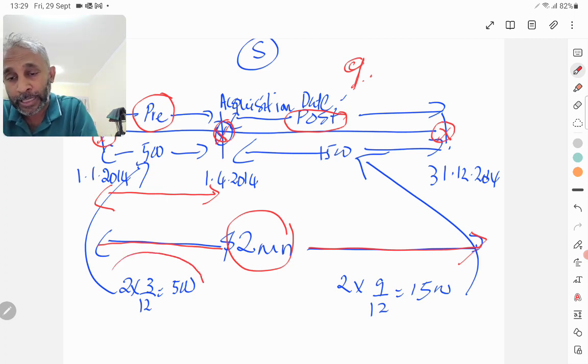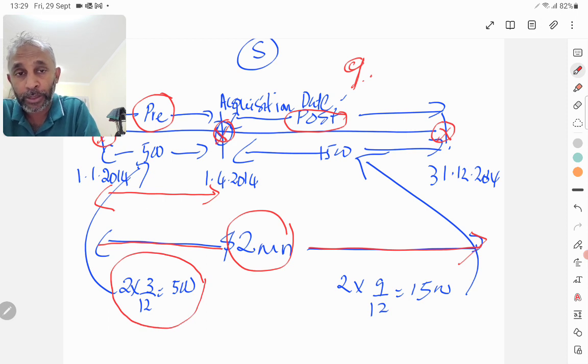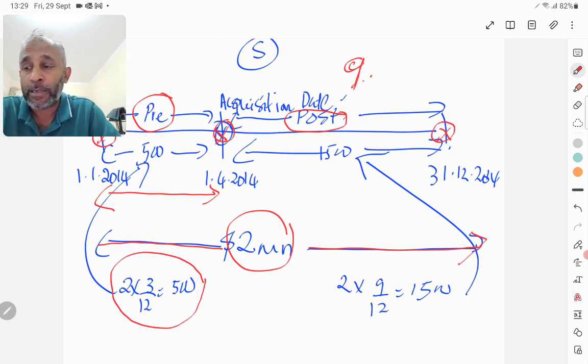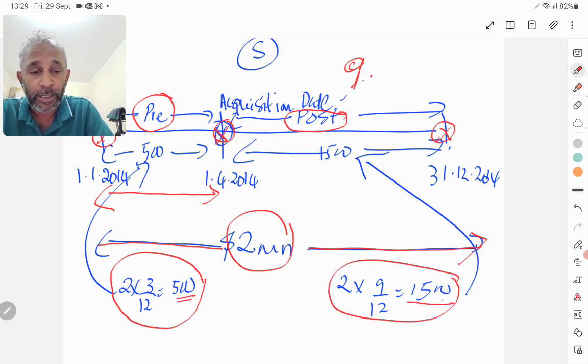The pre-acquisition period is 3 months. The examiner also told you that the profits accrue evenly over the year, meaning equal profits every month. So accordingly, 2 million into 3 over 12 is 500, and 2 million into 9 over 12 is 1500. You have to take it accordingly.